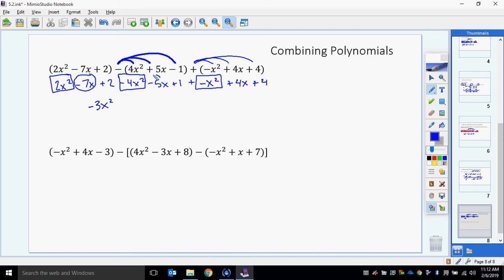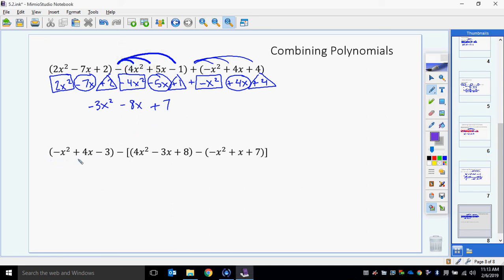So negative 7, negative 5, and 4. You'd be at negative 8x. And then lastly, 2 and 1 is 3, plus 4 would be 7.